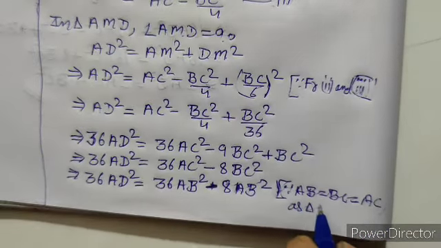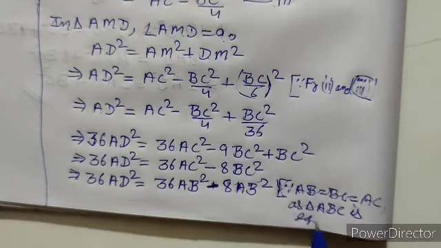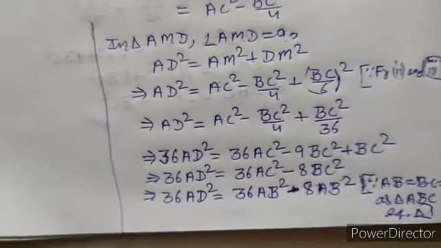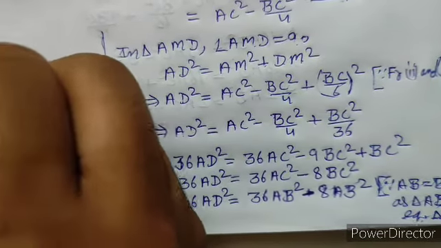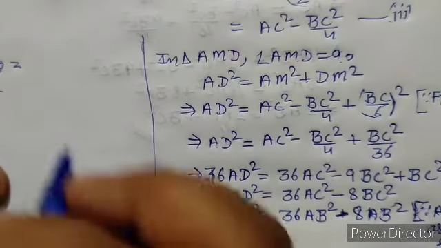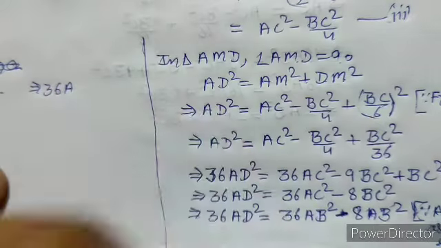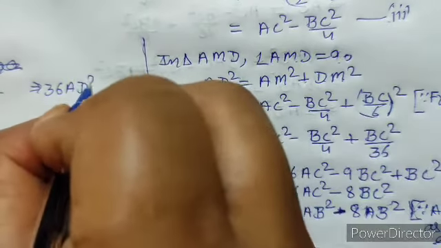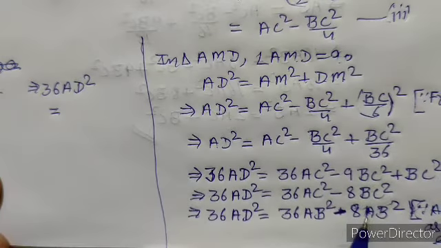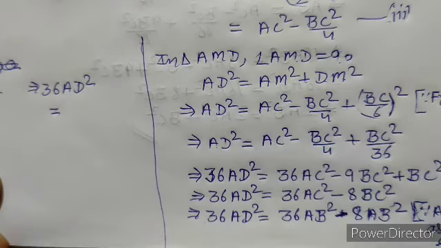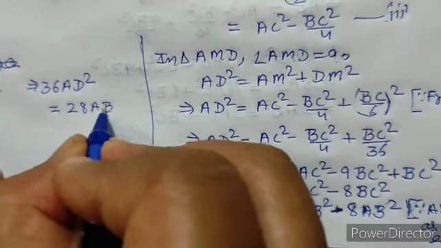Now this will give us 36 AD square equal to 36 AB square minus 8 AB square, which will be equal to 28 AB square.